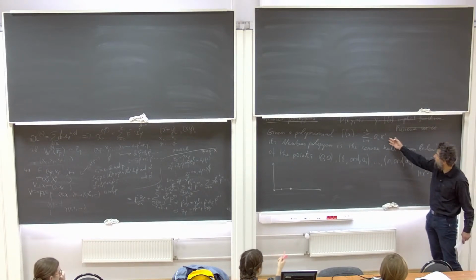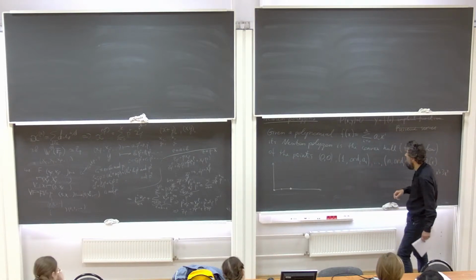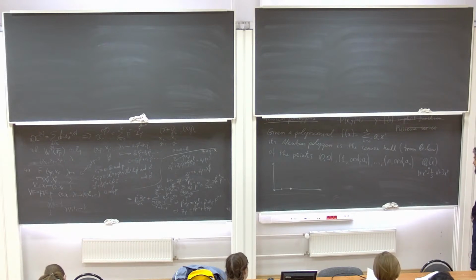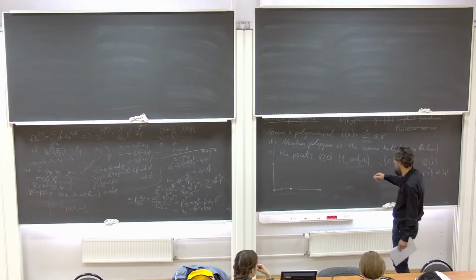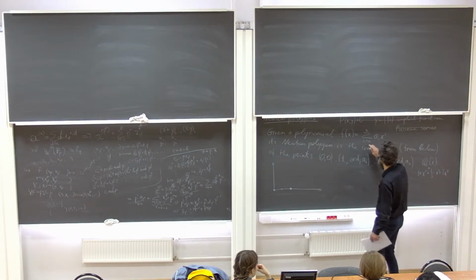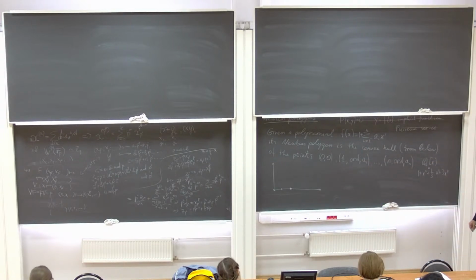Oh, sorry, from 0. Yeah, sorry. Okay, maybe, let me write like this, from 1 plus this, to be on the safe side.